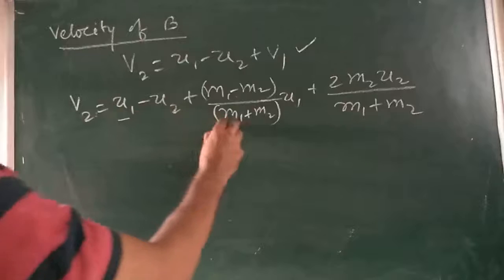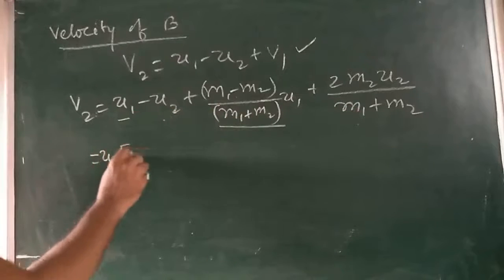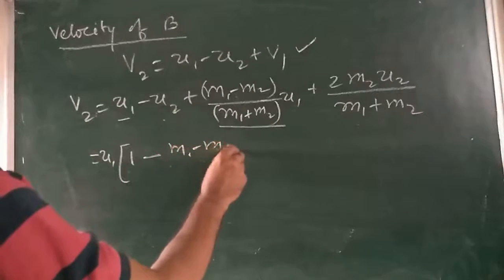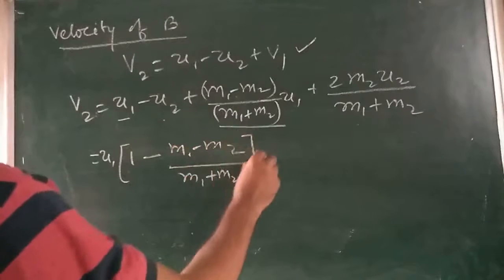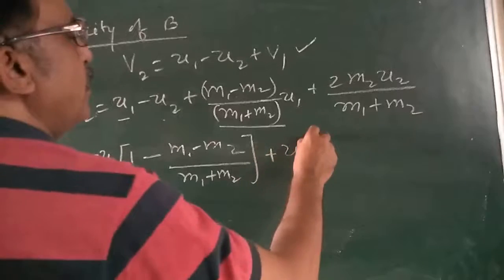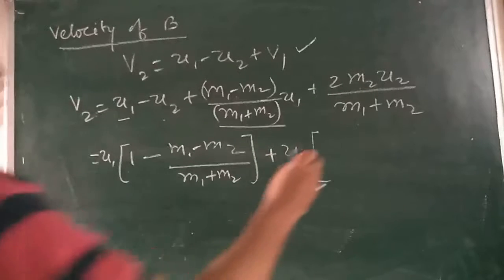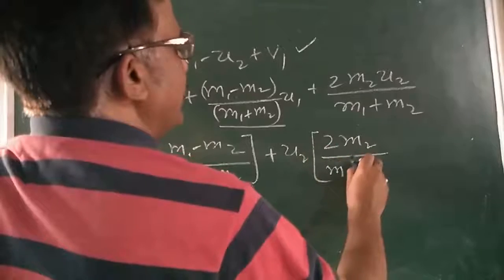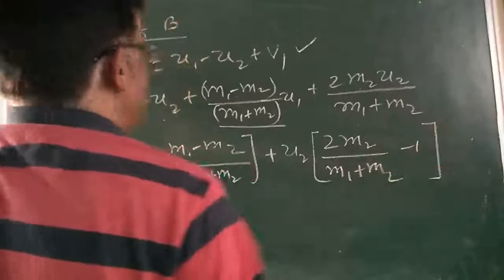Here it is u1, here it is u1, here it is u2, here is u2. Take u1 common: 1 minus m1 minus m2 divided by m1 plus m2. Now plus, u2 may be taken common: twice of m2 divided by m1 plus m2 and minus 1 here.